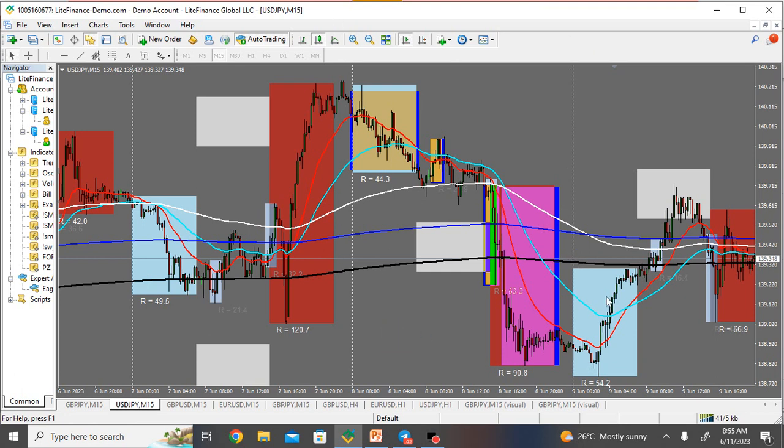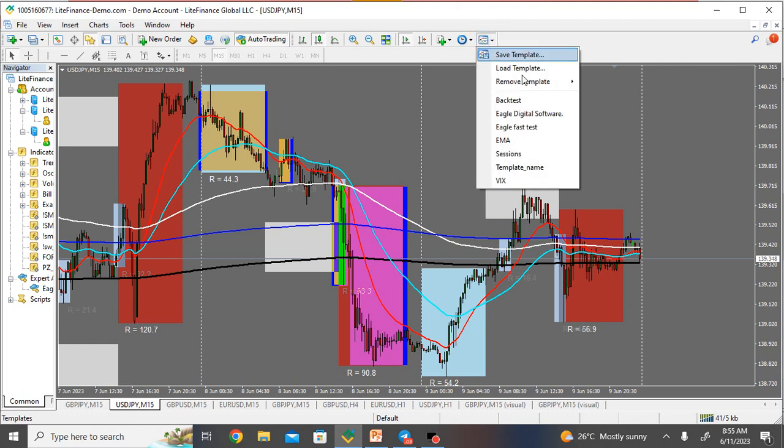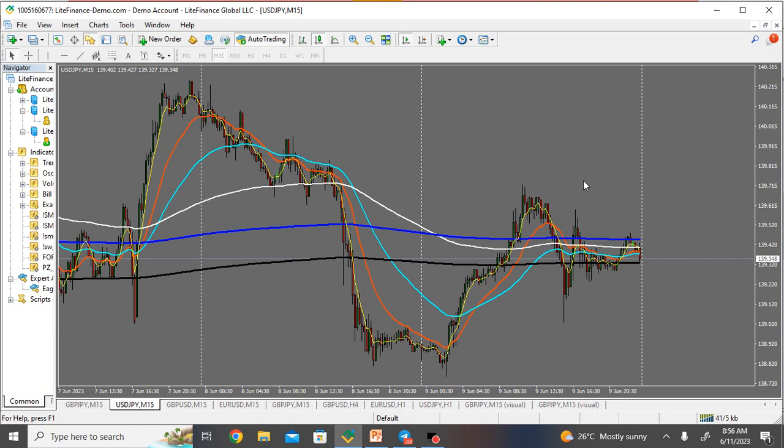The next day the same applied. So how do we count those levels? Let's make this chart clear so that you can see where those levels are located.